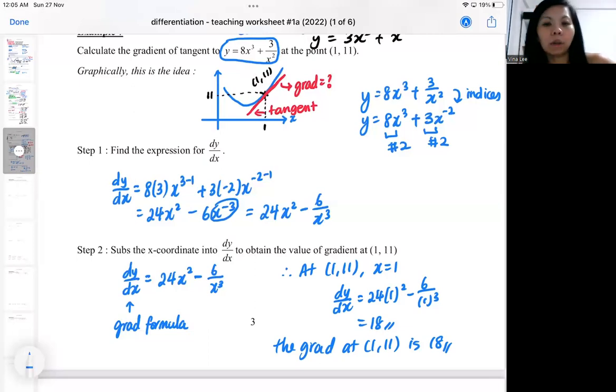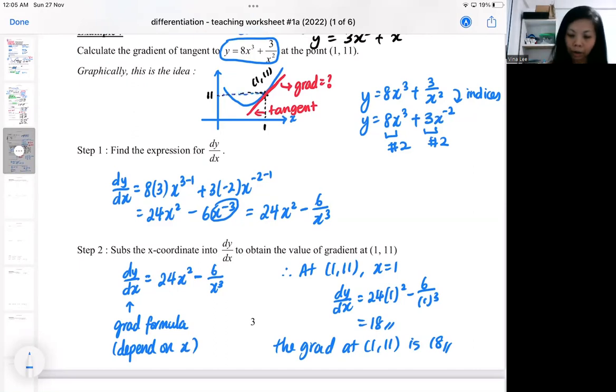But some questions can be quite tricky. Some questions wouldn't give you the x coordinate directly; some actually give you the y coordinate. If you are given the y coordinate, but the gradient formula depends on the x value, you have to use the value of y to find the corresponding value of x. There will be questions like this for you to explore.